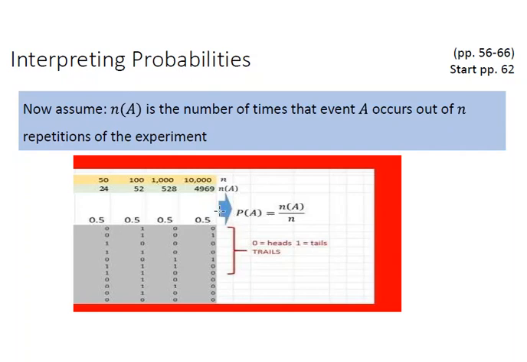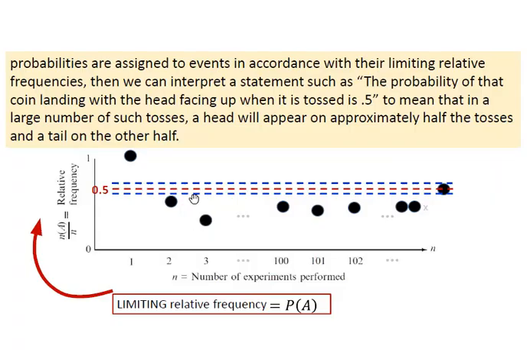Please note that if you want to obtain an accurate result for the probability of an event or an outcome, you have to increase the number of repetitions of the experiment. For example, look at here.